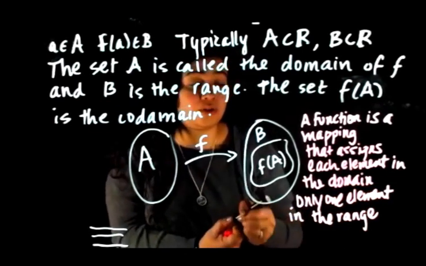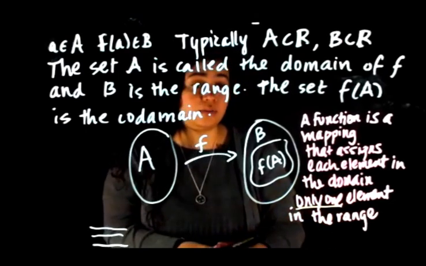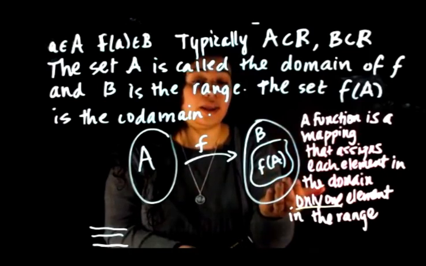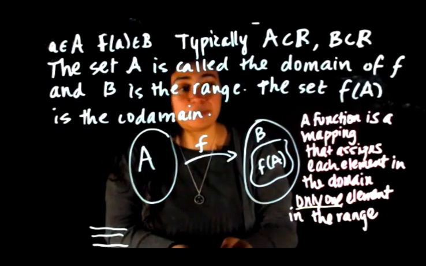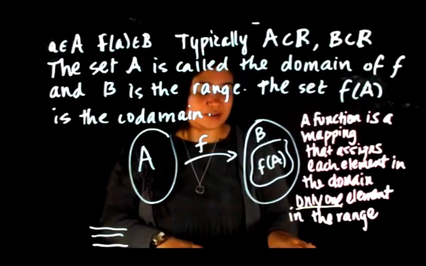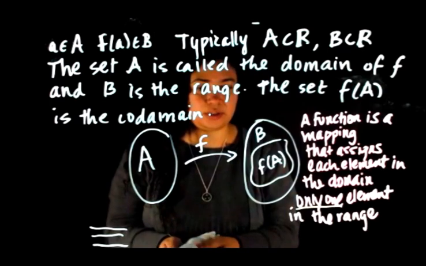It's very important to remark that only one element can be assigned in the range to elements coming from the domain. Okay, so this also results in some other characteristics that we have to point out.